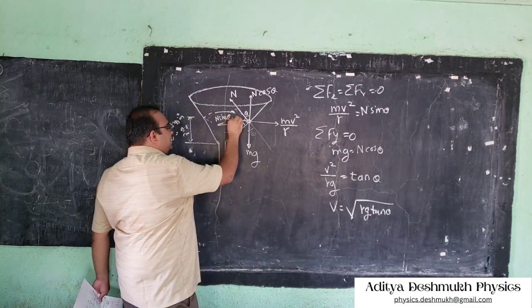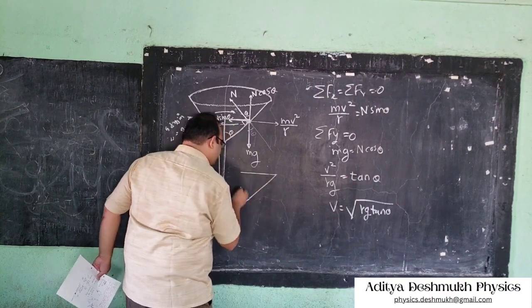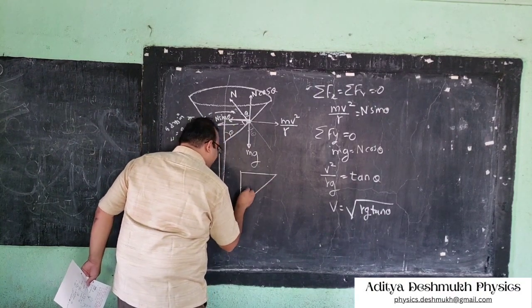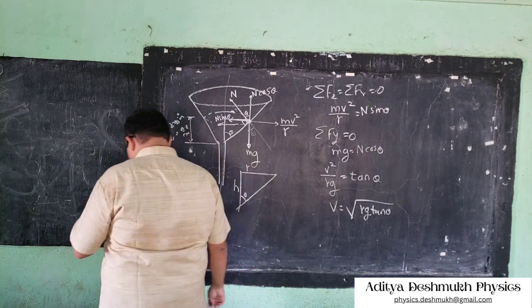So if I take this triangle, this angle is theta, this height is h, and this is r.